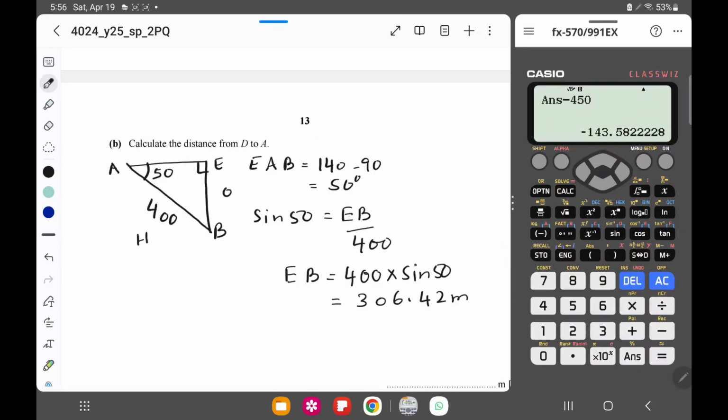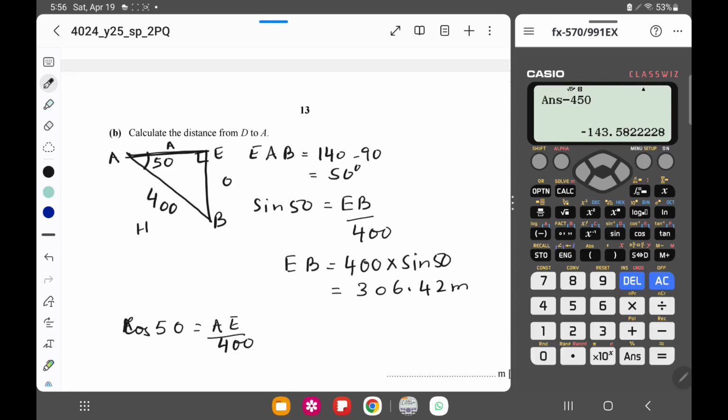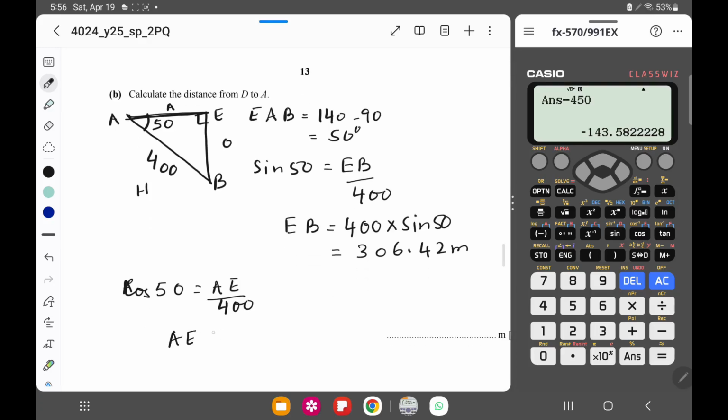AE side is required. So AE is equal to, you can take adjacent and hypotenuse. So use cos of 50 degrees is equal to AE upon 400. So AE equals 400 times cos of 50 degrees.